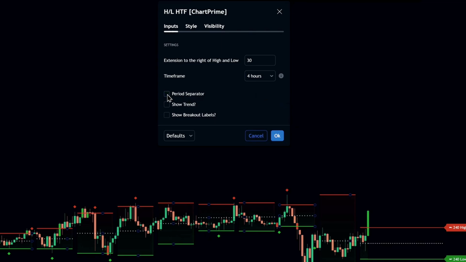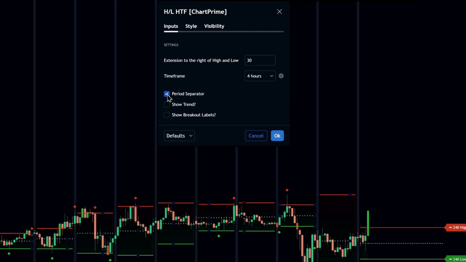There's also a period separator option. This adds vertical lines to the chart to mark specific periods. For example, if you're using the 4-hour time frame, it will show where each 4-hour period starts and ends. But honestly, I don't need that, so I'll keep it turned off.